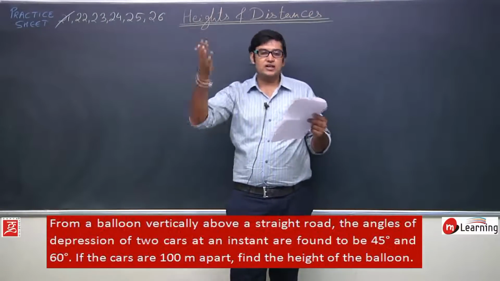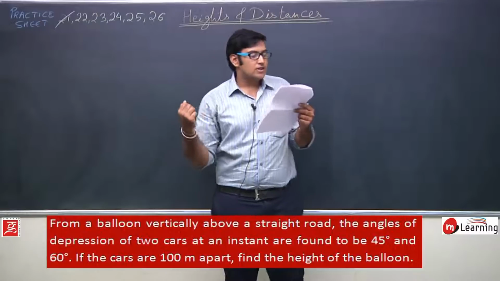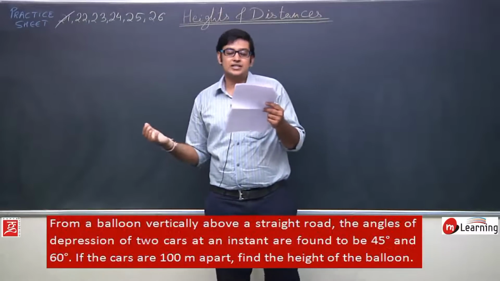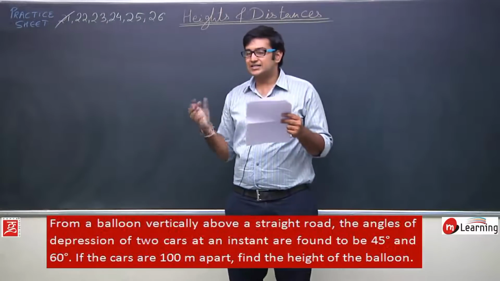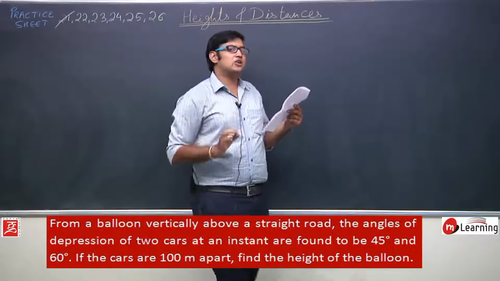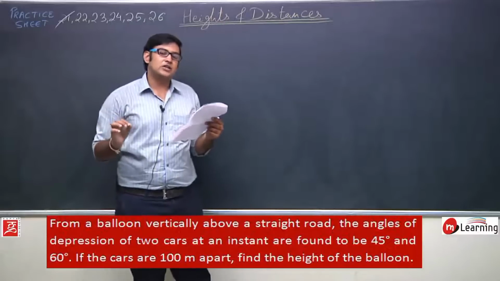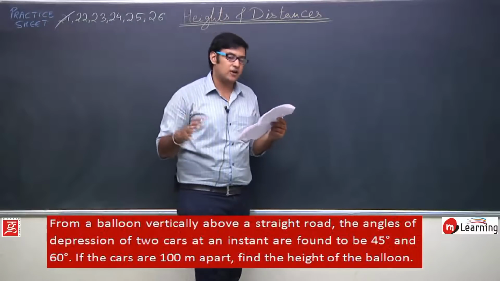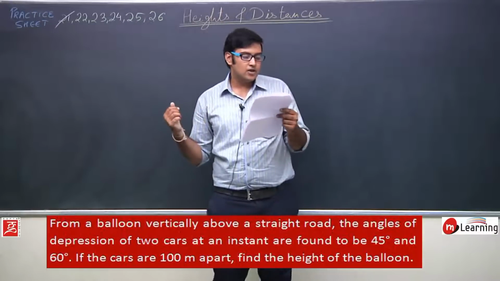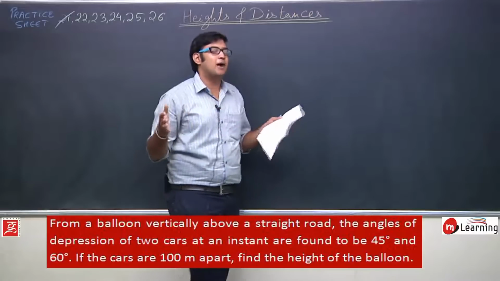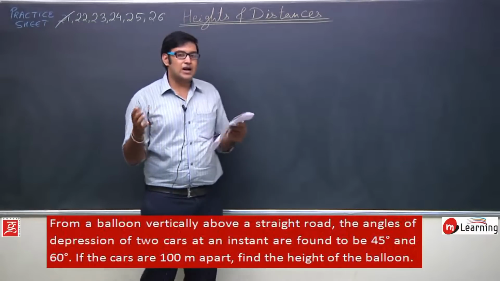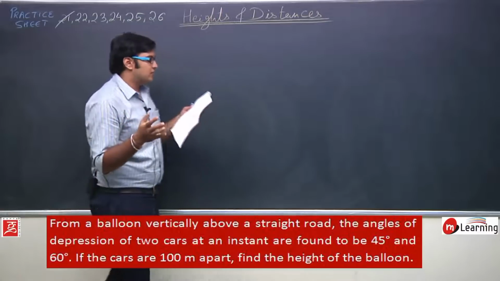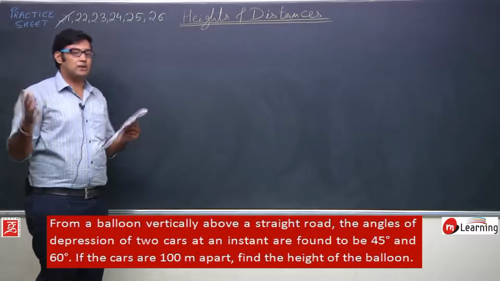So definitely there should be an angle of depression. The angles of depression of two cars at an instant are found to be 45 degrees and 60 degrees. If the cars are 100 meters apart, I need to determine the height of the balloon.